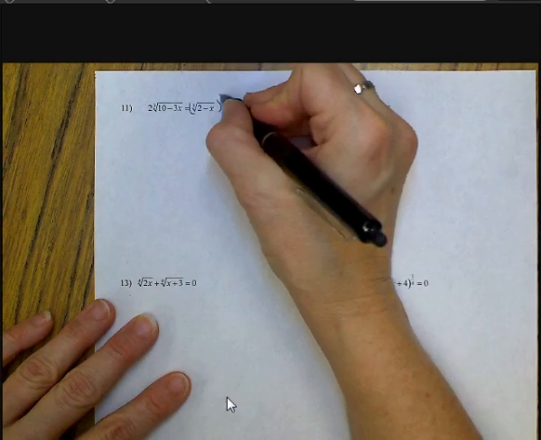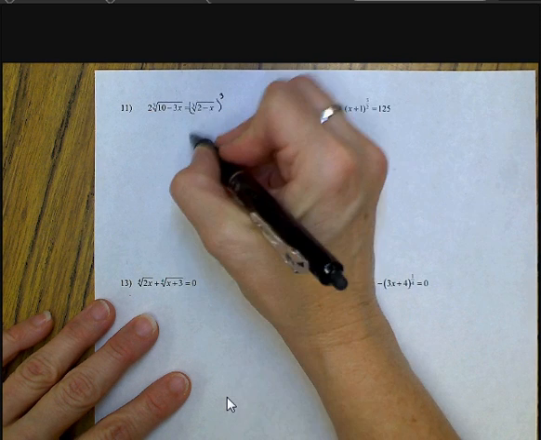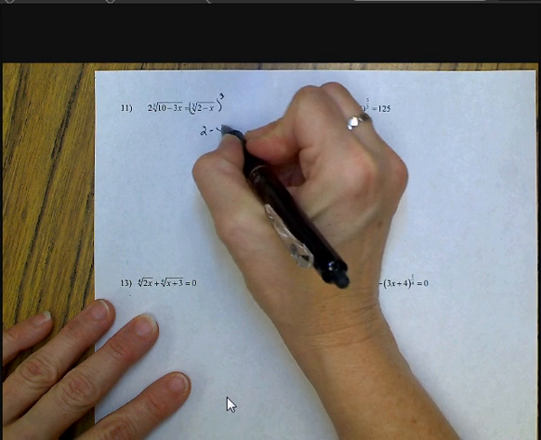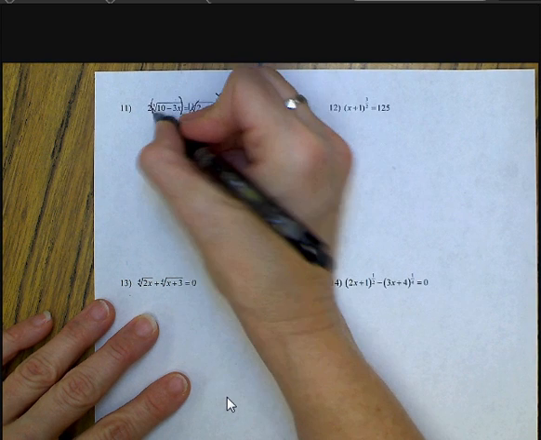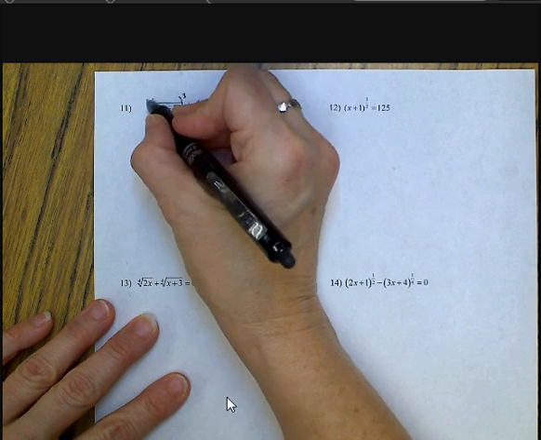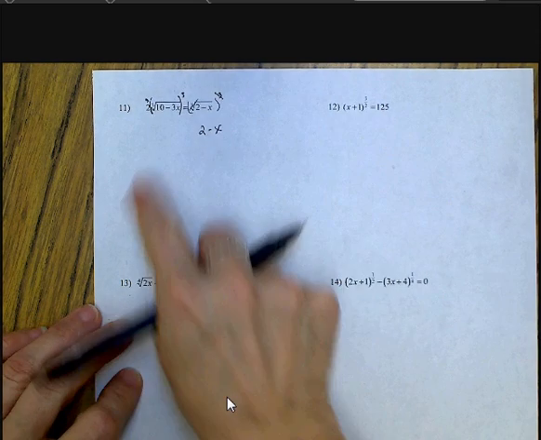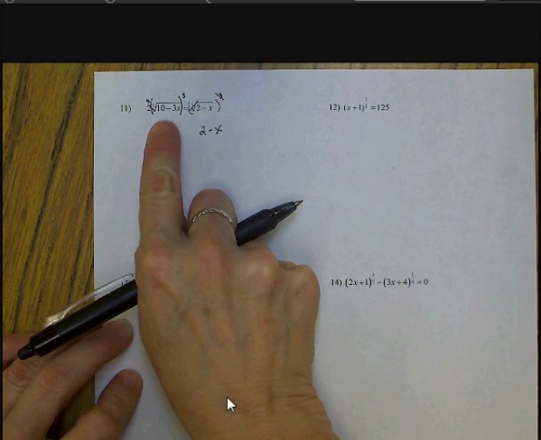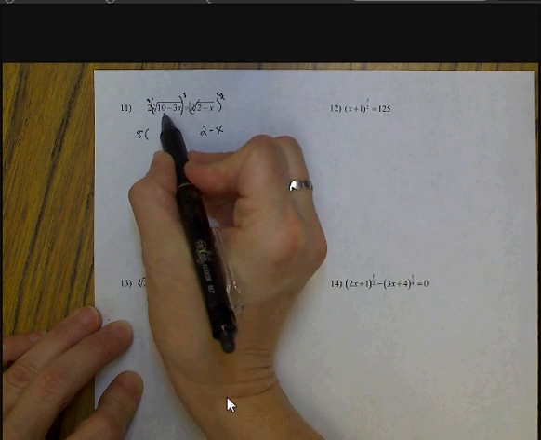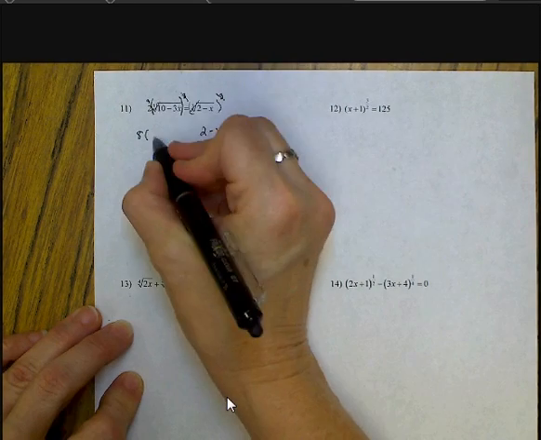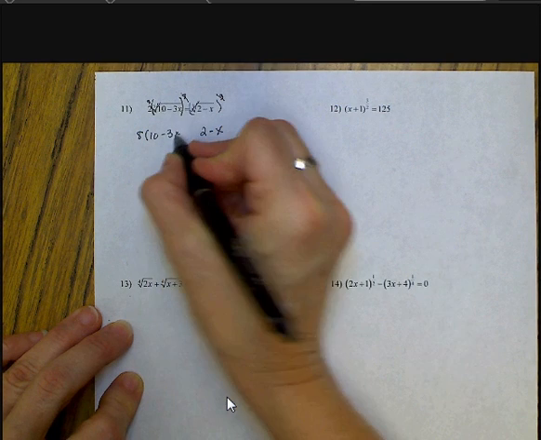So when I cube here, I know that just gives me 2 minus x, because those will cancel. When I cube over here, do be careful. You're going to cube the root, and you're going to cube that number. Right now that says 2 times the root. So when you cube everything, that'll say 8 times, and the inside of that's what's going to be left. So that's 10 minus 3x.